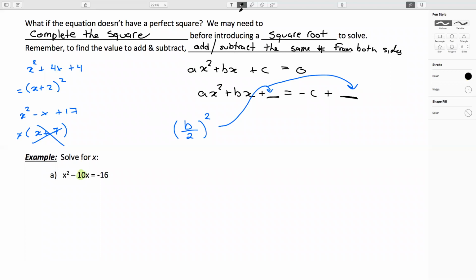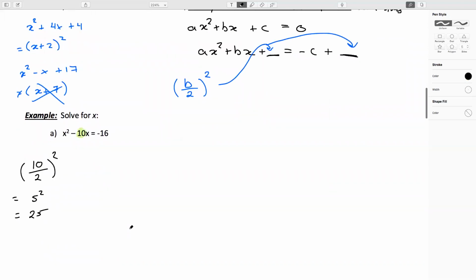So we can take this 10 and divide it by 2 and square it. 10 over 2 squared equals 5 squared, which equals 25. Okay, so if we add 25 to both sides, we can turn this into a perfect square trinomial.